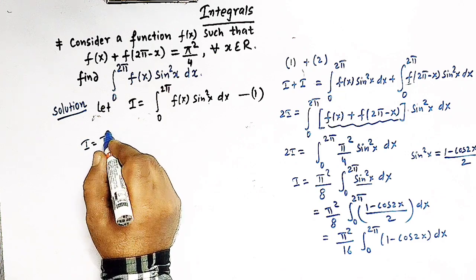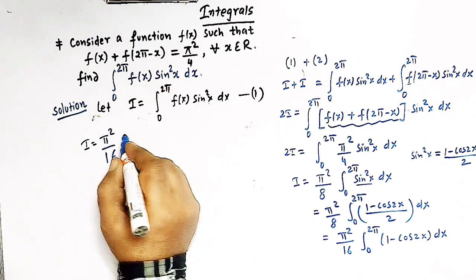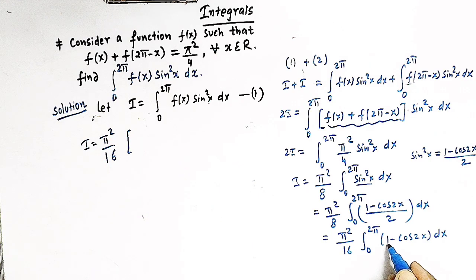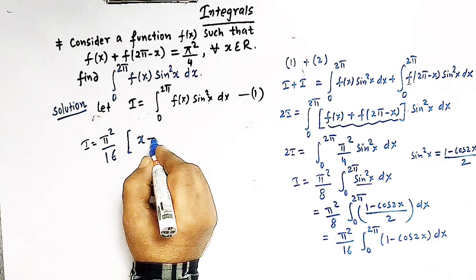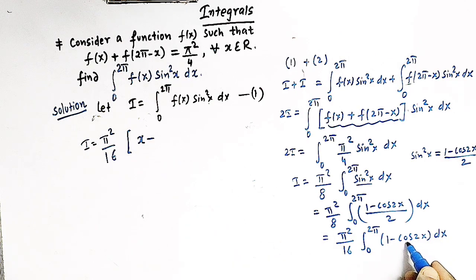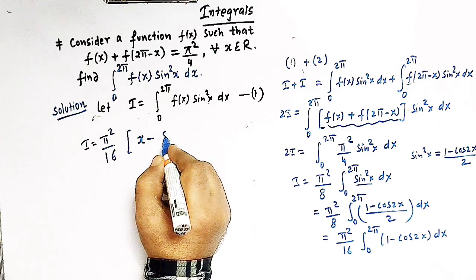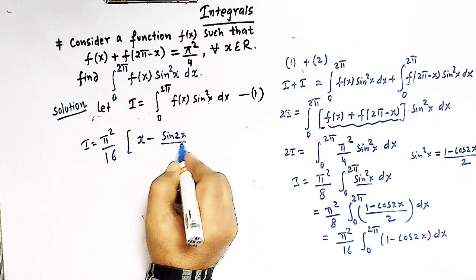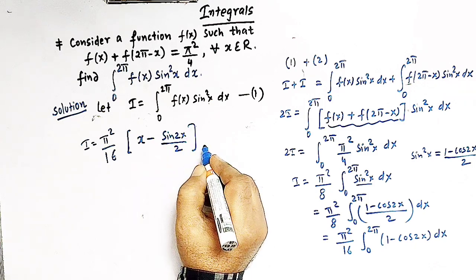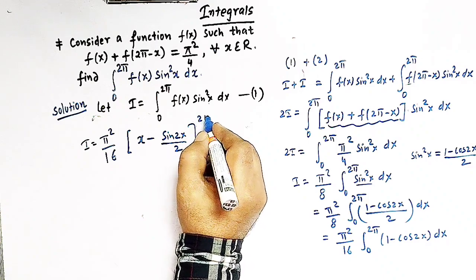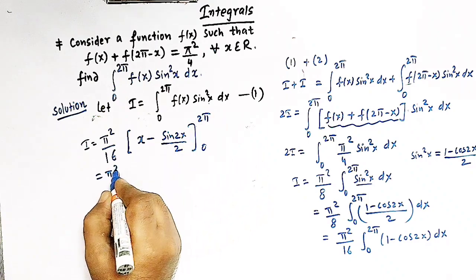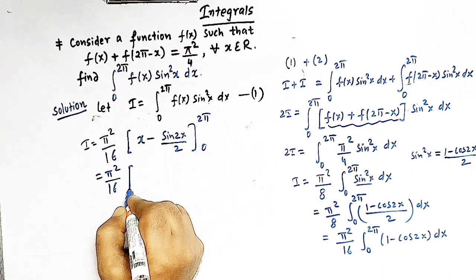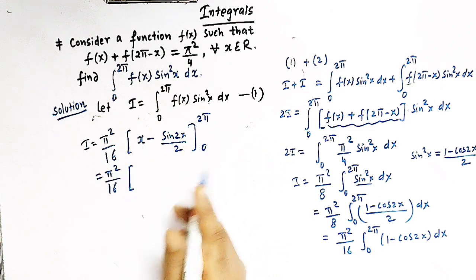So we have here pi square over 16, and the integral of dx is x. So here we have x, and the integral of cos 2x is sine 2x divided by 2, and the limits are from 0 to 2 pi. So now let us substitute the limits, and we will take the difference.